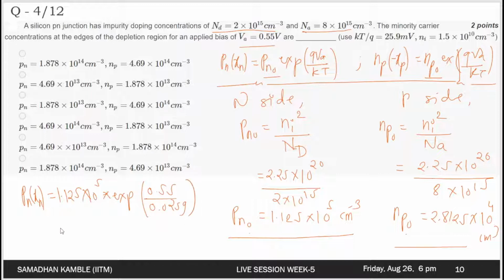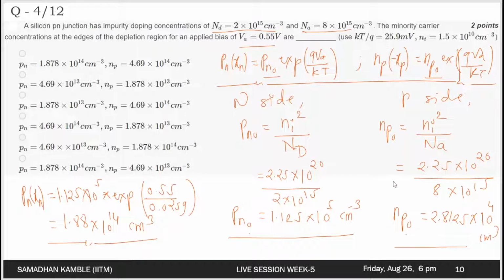If you calculate it, we will get the value of the minority charge carrier concentration on the N side as 1.88 times 10 to the power 14 per centimeter cube.